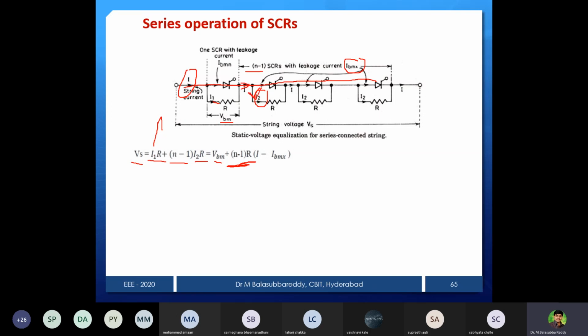How much is this current? This total I is losing something as leakage current. I call it IB maximum. The remaining current passes through I2. Therefore, I2 is equal to the total current minus the leakage current. Total current is I minus the leakage current IB max.